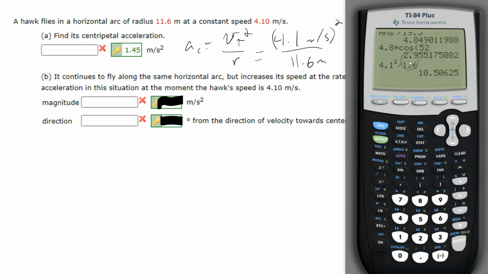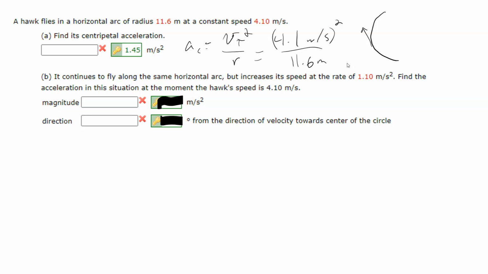I typed this in wrong at first. Sometimes you need to tell your calculator what to do correctly, so 4.1 squared divided by 11.6 gives 1.45, which is the same answer that we got right there.